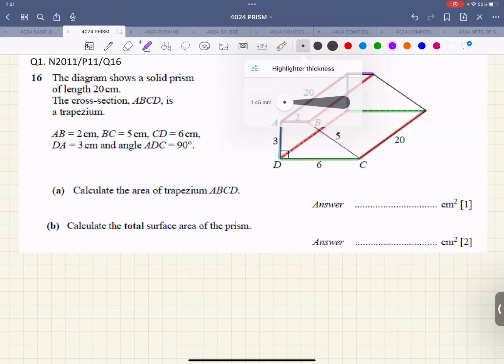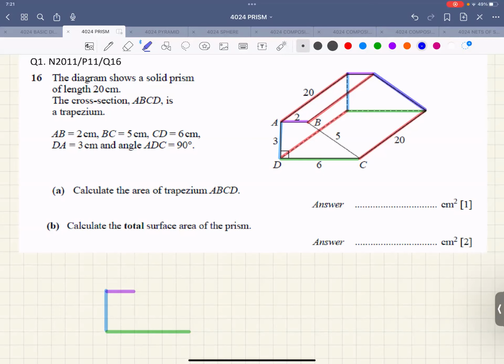Let me make some thicker lines. So this is like 2, and then this is like 3. So 1, 2, 3 like this. And then the green line is like 6. So 1, 2, 3, 4, 5, and 6. And let me choose another color. I think I've chosen almost everything. Let me choose something dark. So I've chosen this.